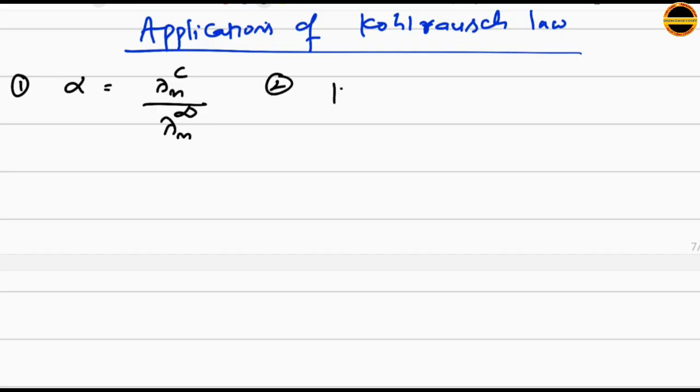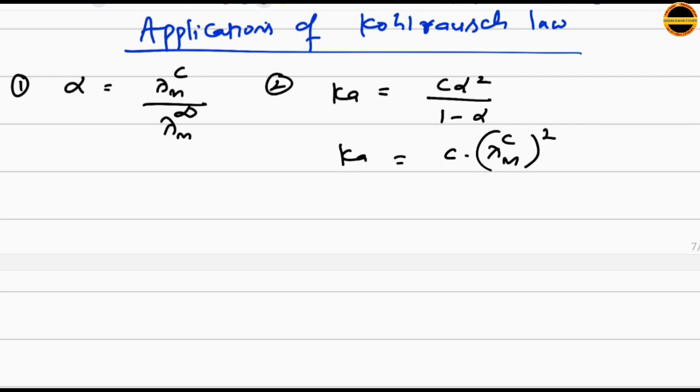Second application, the acid dissociation constant is C alpha square by 1 minus alpha. So in place of alpha, if I substitute the given value, alpha is lambda m C by lambda m infinity.